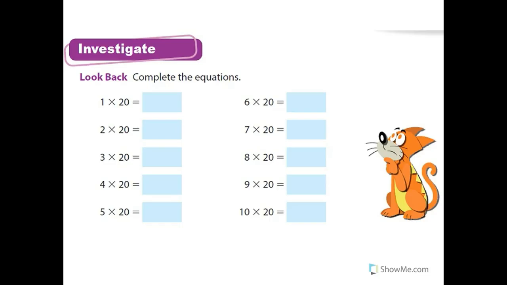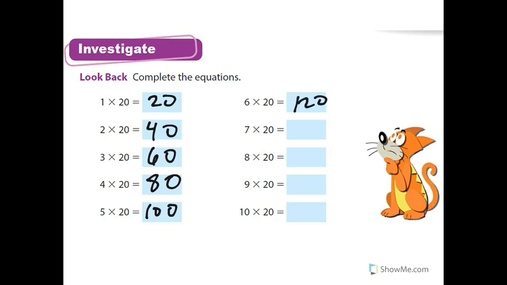So this is multiplying by 20, and we're using math facts. So 1 times 2 is 2. Add that 0. 2 times 2 is 4. Add that 0. 3 times 2 is 6. Add that 0, and so on, right? We're just adding the 0. 5 times 2 is 10. Add the 0. 6 times 2 is 12.